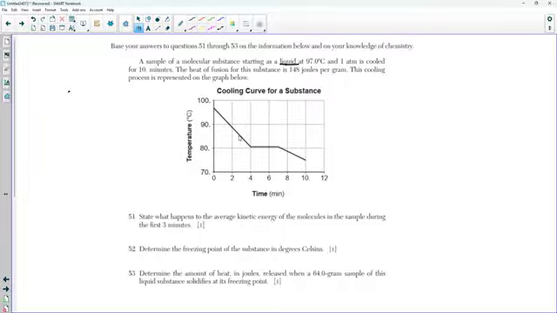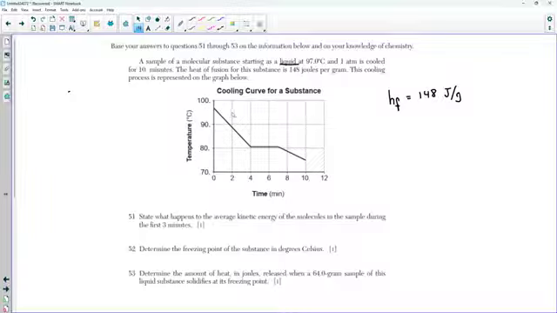This is a cooling curve, not a heating curve. So we're losing heat as we go down, right? We're told that the heat of fusion of this substance is 148 joules per gram, so we're not dealing with water. We're also told that it's a liquid at 97 degrees Celsius.